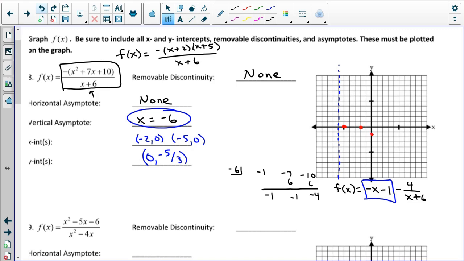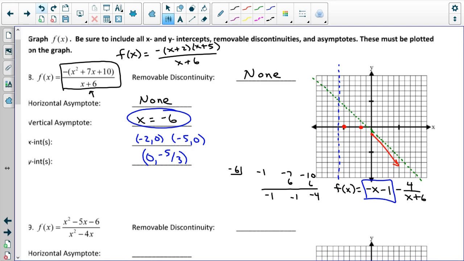And then what ends up happening is this graph basically looks like y equals negative x minus 1 in the long term. So this graph will look something like this. It's going to end up looking basically like a line with this as the asymptote as we go off toward the infinities.